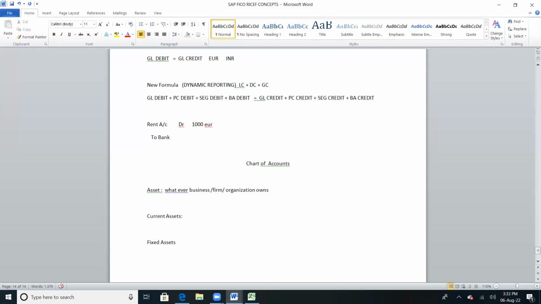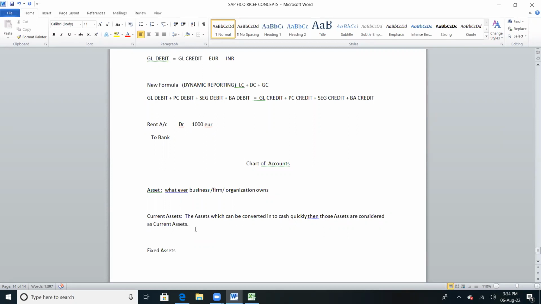Current assets: the assets which can be converted into cash quickly are considered current assets.